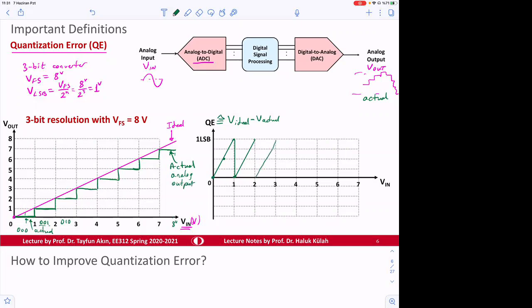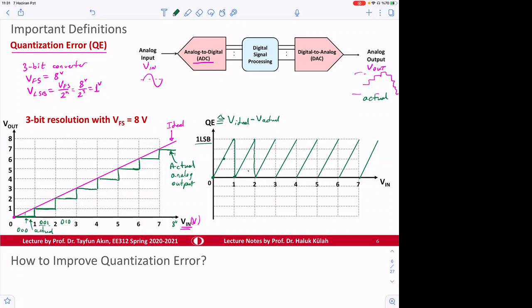So, I mean, this is an inevitable mistake, of course. Okay. And maybe I should throw one more. And, you know, remember that this voltage is the LSB voltage.